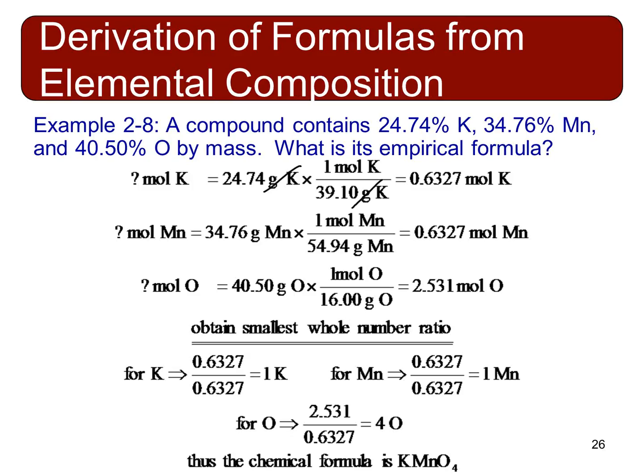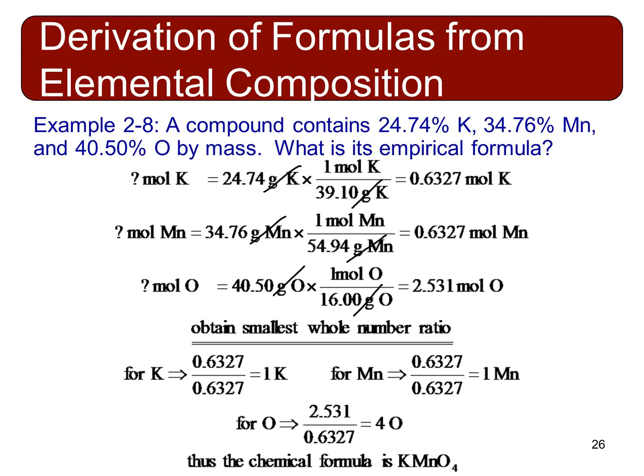That will be your first step in deriving a formula: you're going to take the grams and convert to moles. So your units cancel, grams cancel, and we have moles of manganese, moles of potassium, and moles of oxygen. Does everybody see how we get moles for each of these atoms here? It's just one single step.